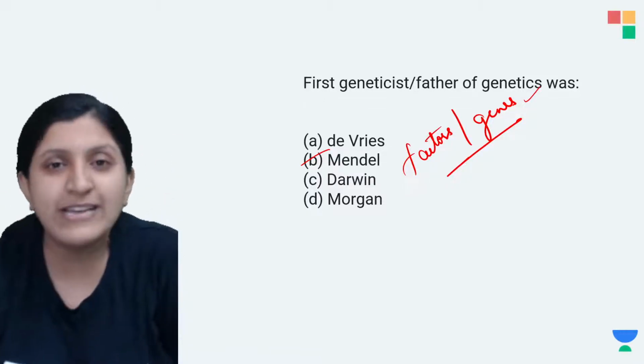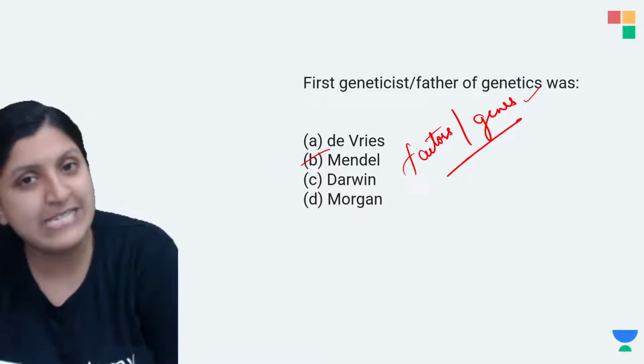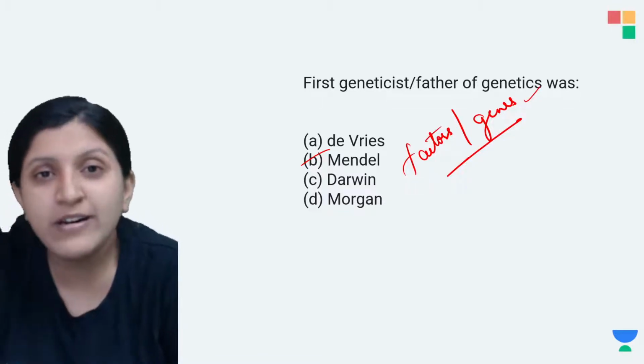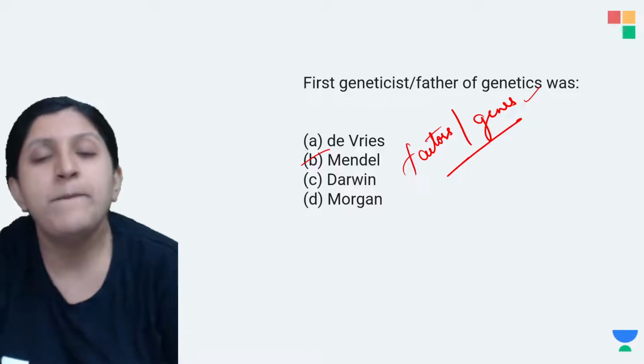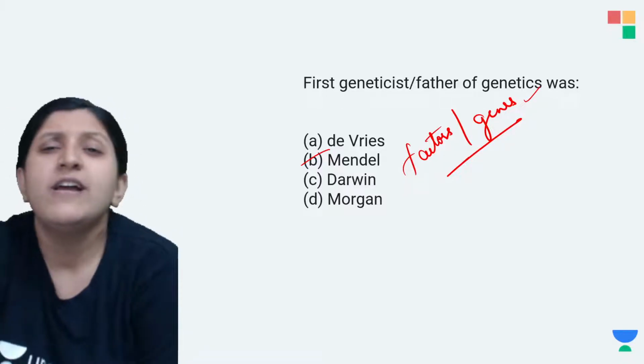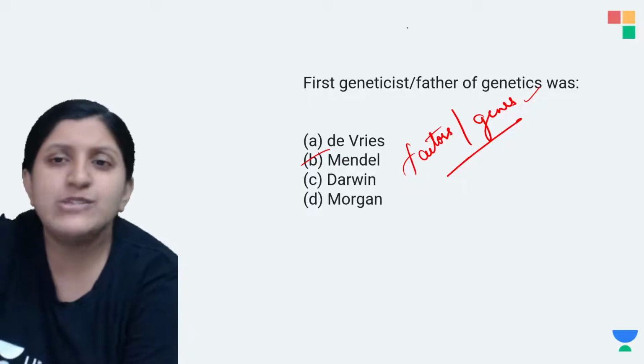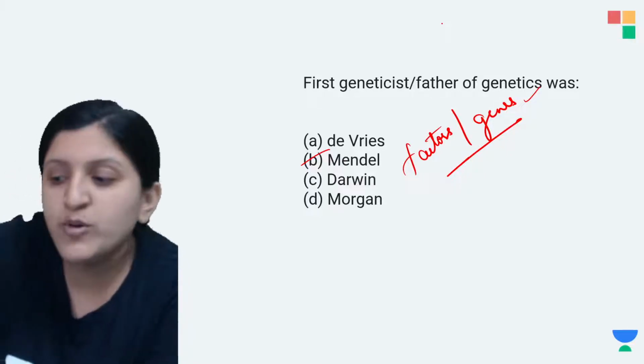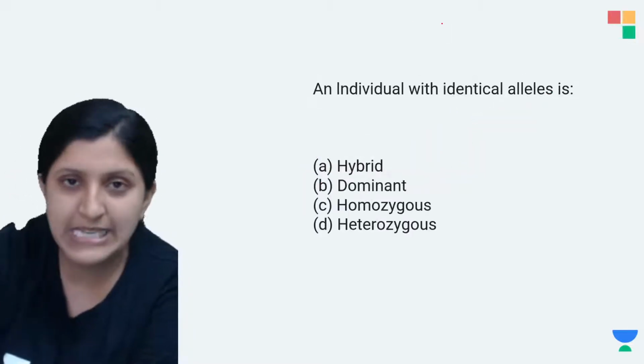So if a tall plant is mixing with a dwarf plant, what exactly is the product. If a blue color flower is mixed with a white color flower, what exactly is the product. So in that case, Mendel basically is the one who started talking about the factors in general, basically the genes itself.